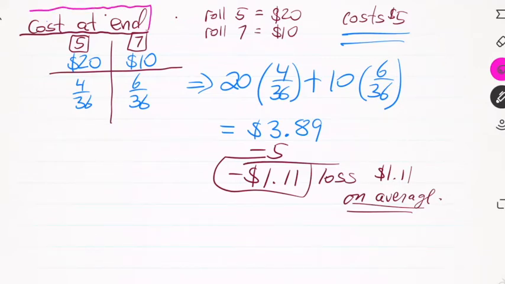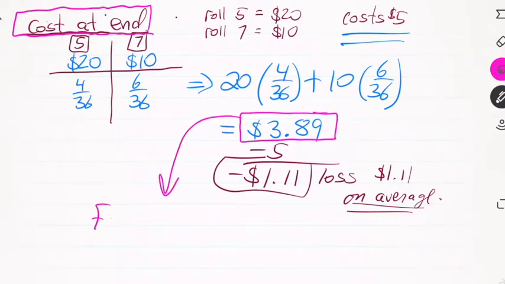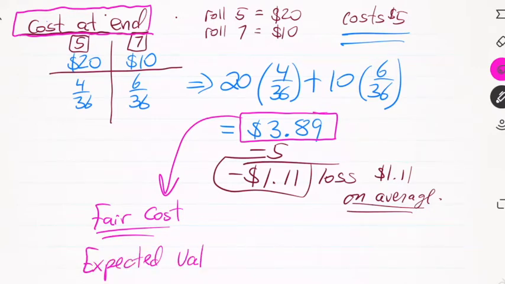One little note about this cost at the end. When you do cost at the end calculations for expected value, then the number you end up with, this $3.89, becomes known as the fair cost. So if the game only costs $3.89 and your expected winnings are 389 cents, then they cancel each other out and you have an expected value of 0.